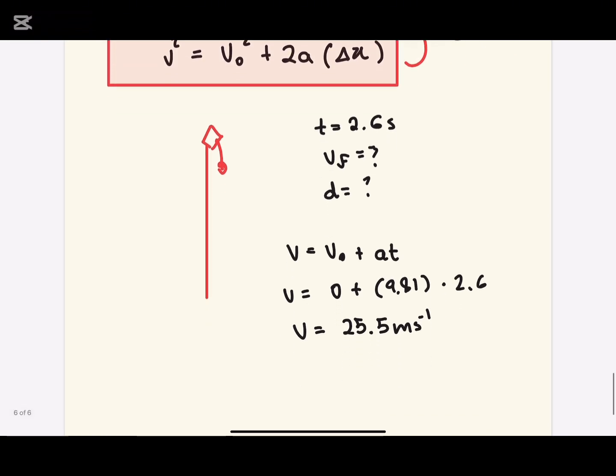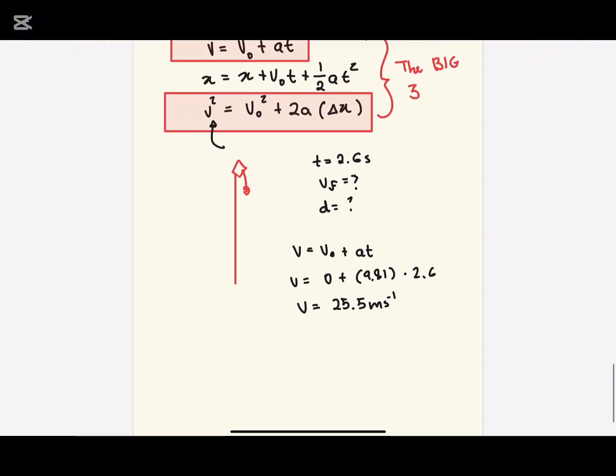Since we have the final velocity, we can plug it back in here. So we'd use 25.5 squared is equal to 0 squared, which is just 0, so it cancels out, plus 2 times 9.81 times the displacement. So we'll just square this. 25.5 squared is 650.25, which is equal to 2 times 9.81, which is 19.62, times the displacement.